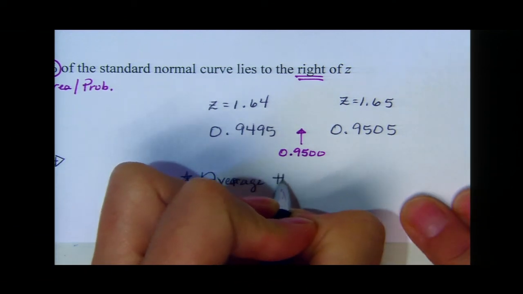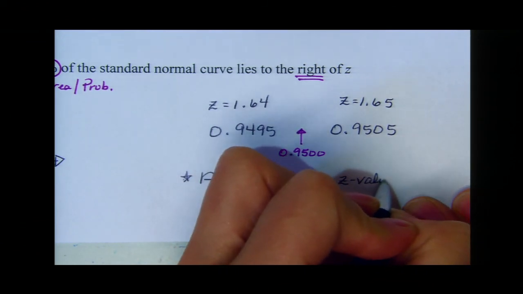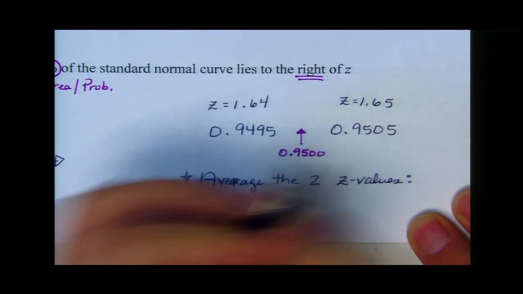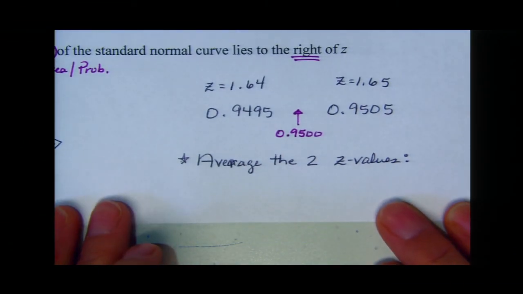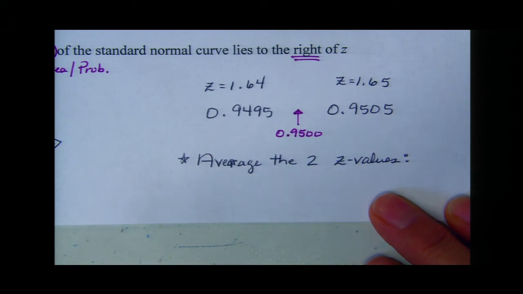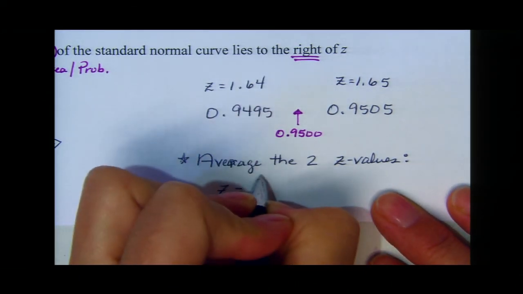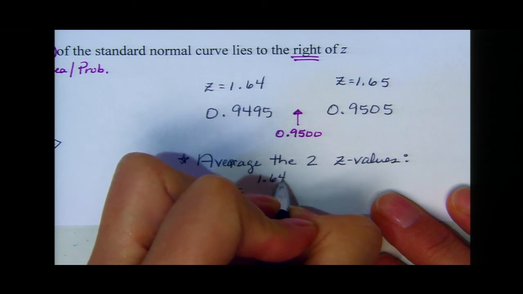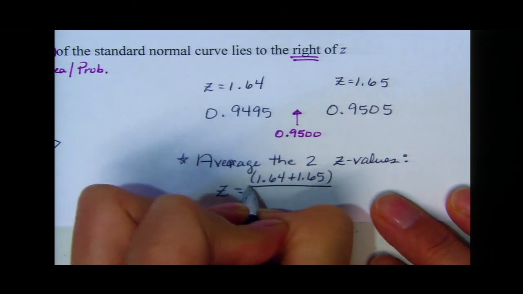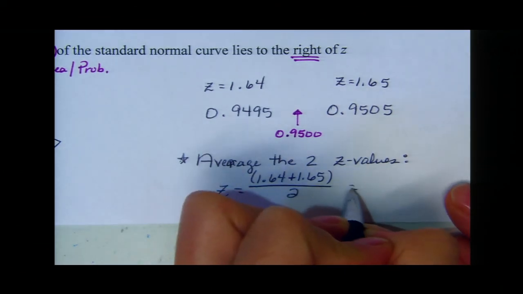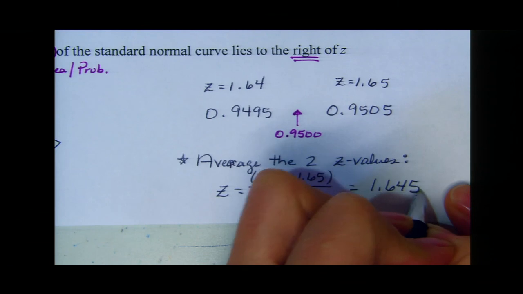Average the two z-values. And you only do this when it's smack dab in the middle. If it was closer to one of the others, you would use the one it's closer to. But when it's smack dab in the middle, our z is going to be 1.64 plus 1.65 divided by 2, which is 1.645.